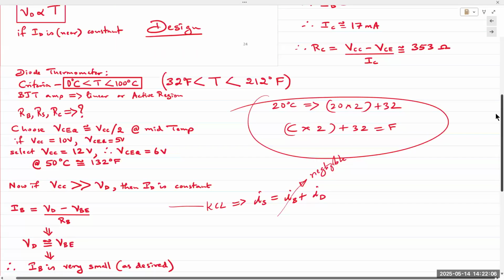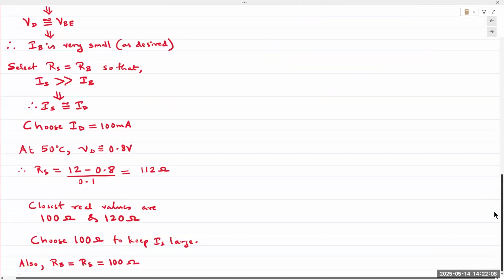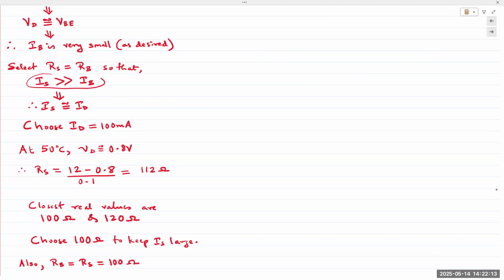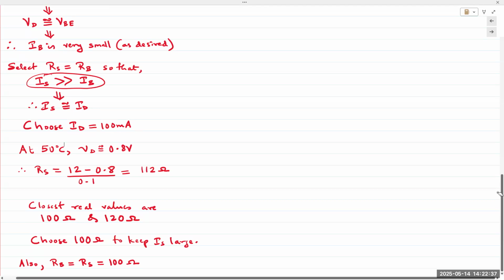We want to select RS and RB such that IS is far greater than IB. We want to keep IB as small as possible, right? And so we'll choose a value for RS such that IS is far greater than IB. That would mean IS is equal to ID. So if we choose a large enough current, let's say 100 milliamps, we choose ID as 100 milliamps.